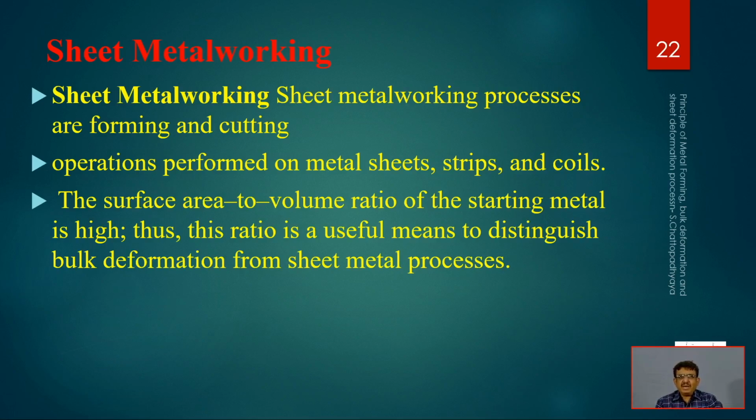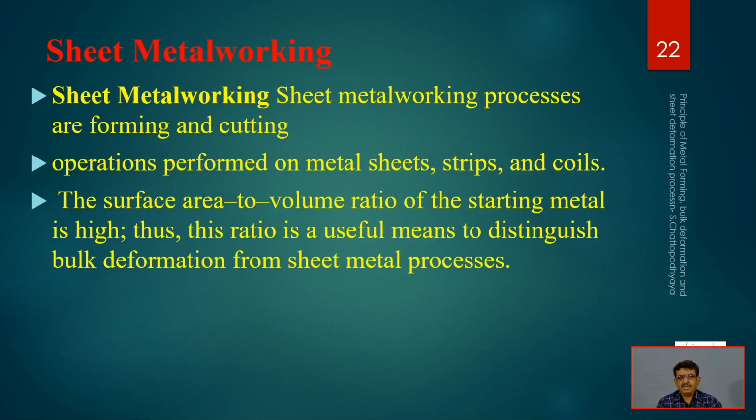Now the next part is sheet metal working, where the sheet metals and other things are processed, forming and cutting operations performed on metal sheets, strips and coils, and they are responsible for producing the different kinds of container shapes and other parts, which are useful for the automobile and other related industries. And as we have already said, the surface area to volume ratio for sheet metal is high.